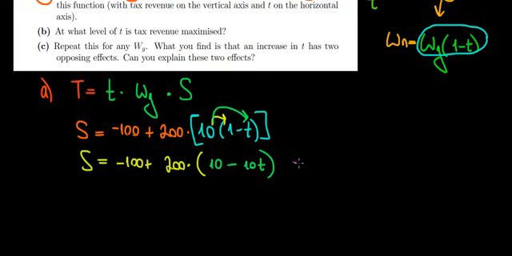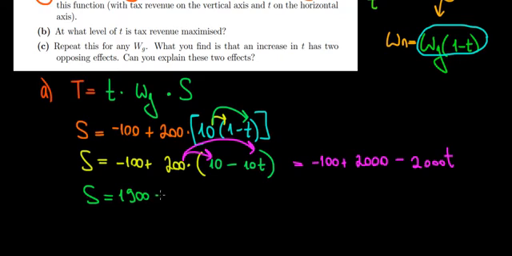So what we will have is minus 100 plus 200 times 10, that's going to be 2000, minus 200 times 10t, that's going to be 2000t. So minus 2000t. Minus 100 plus 2000, that's 1900. Doing some more math here real fast. So S is going to be equal to 1900 minus 2000 multiplied with t.